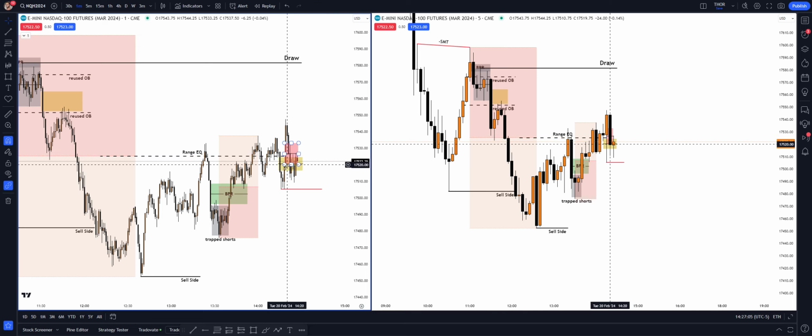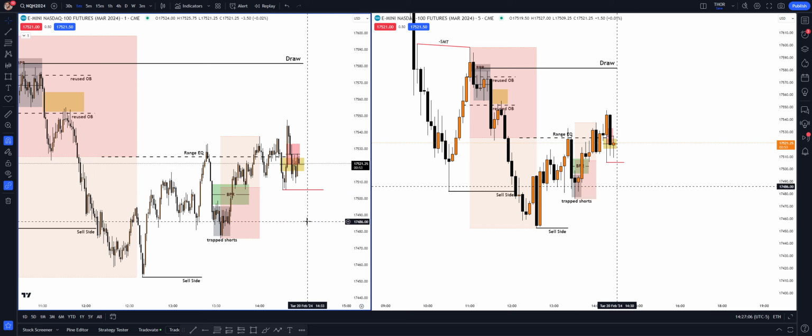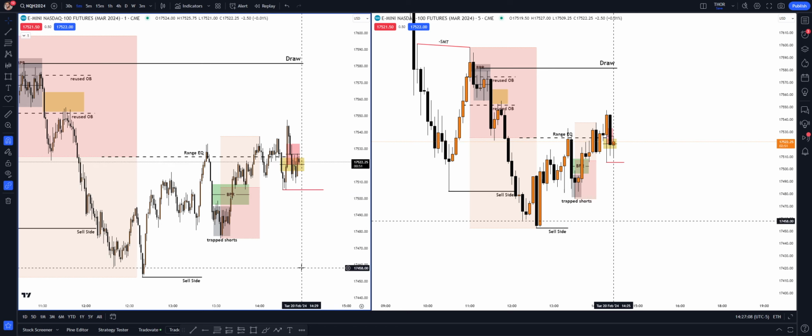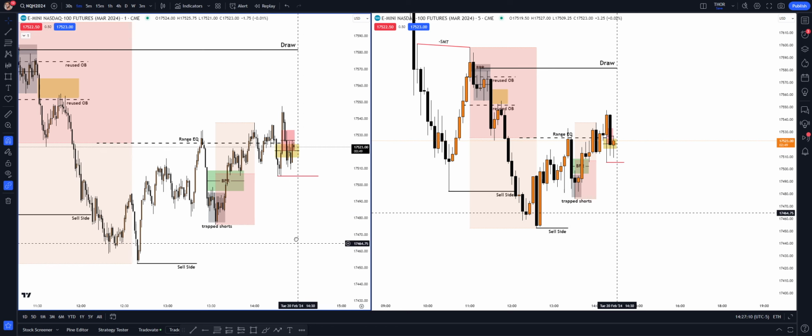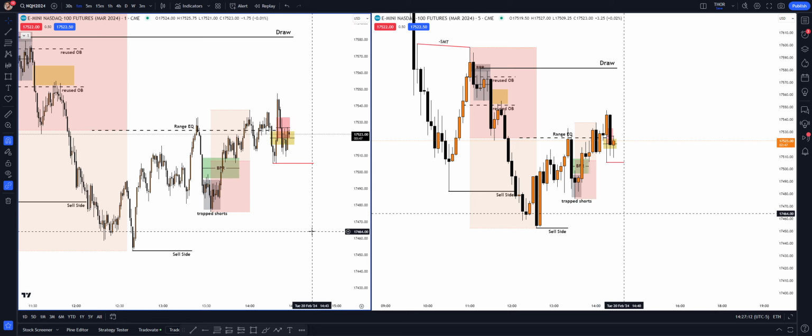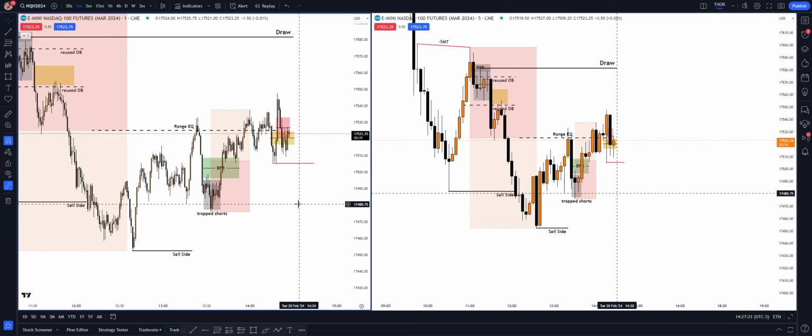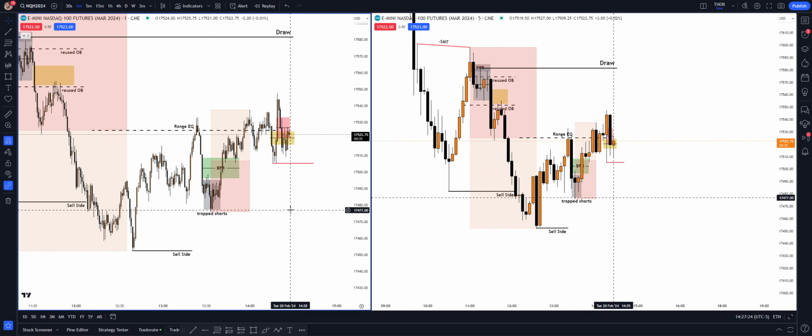Because of that, these fair value gaps should really hold the price for the buy side target. I think we go seek and destroy and we're chopping.